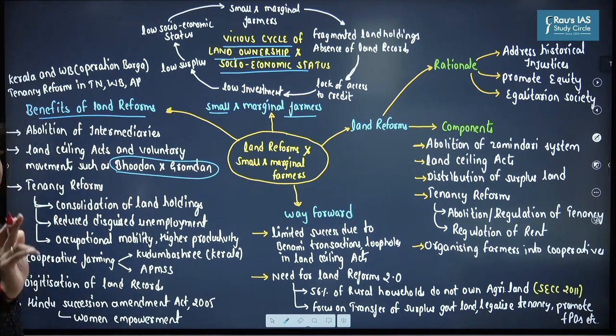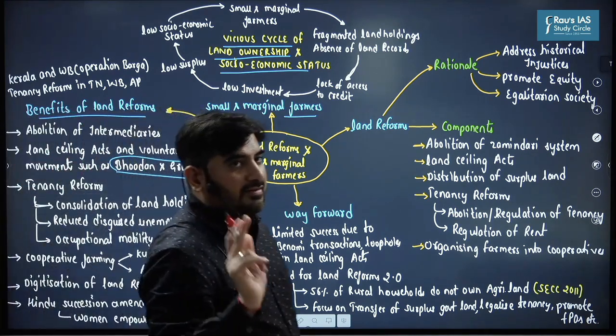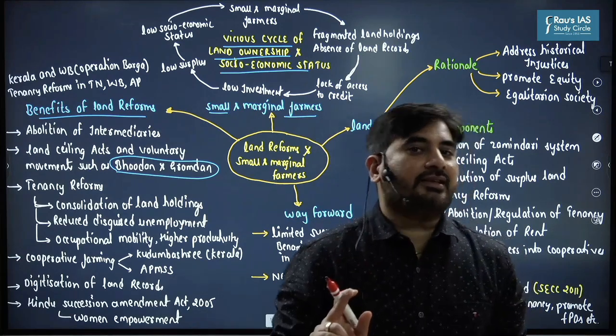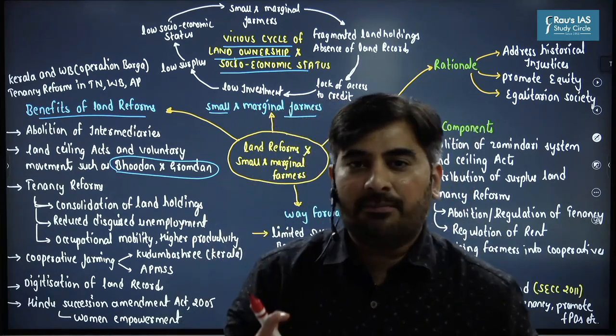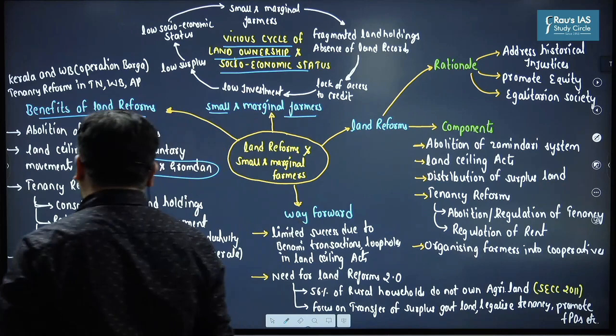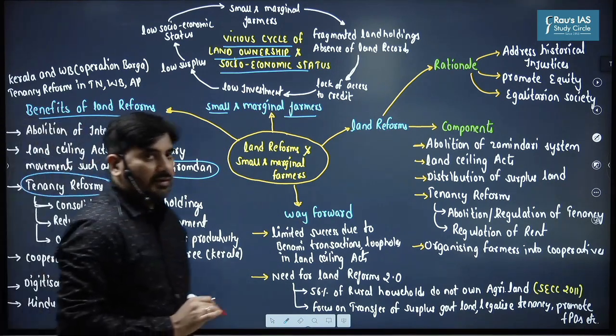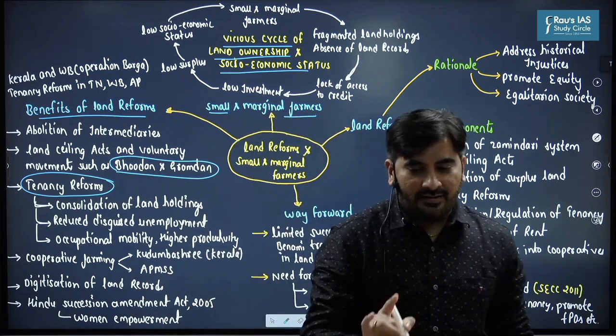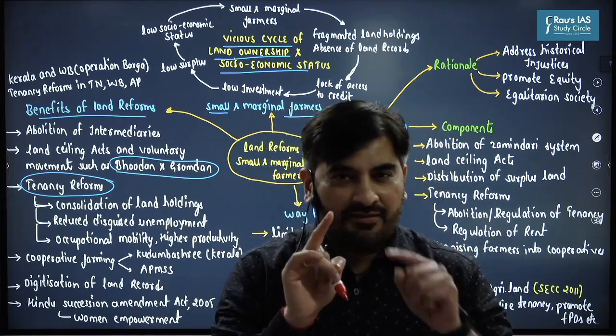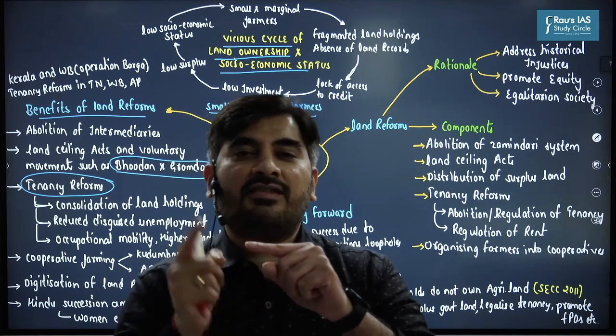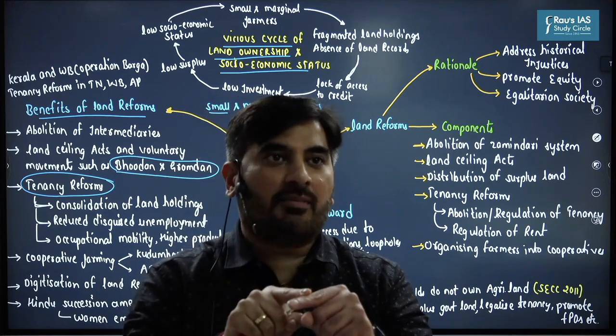But your answer would be incomplete unless you focus upon the tenancy reforms. So here, while writing the answer, the question itself says that land reforms in certain parts of the country have benefited small and marginal farmers, right?